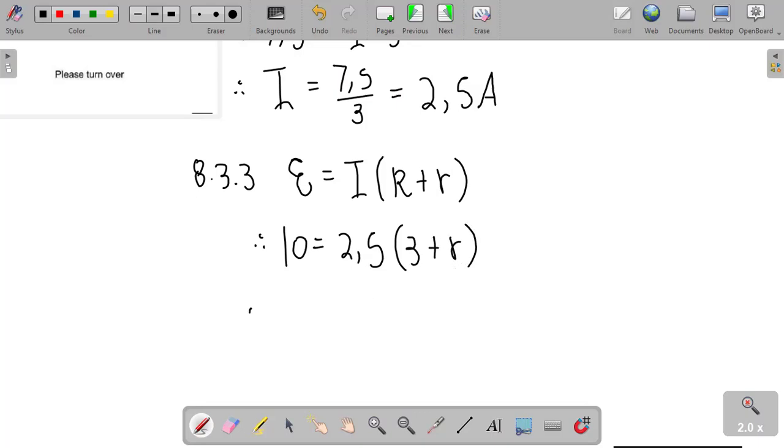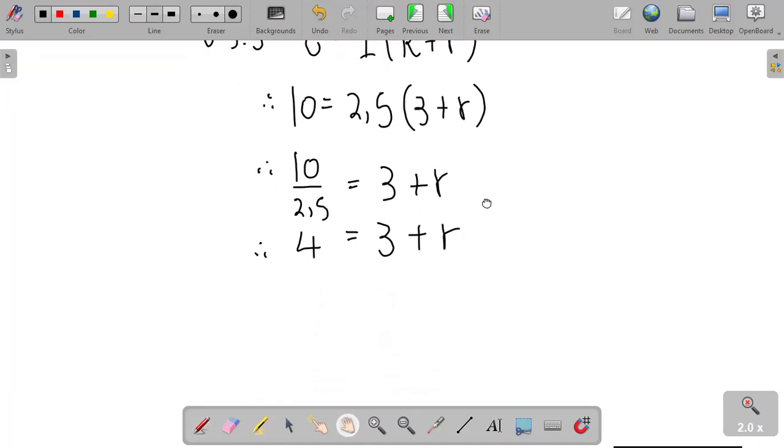And then we can divide by 2.5. So 10 over 2.5 equals 3 plus r. So it means therefore 4 equals 3 plus r.